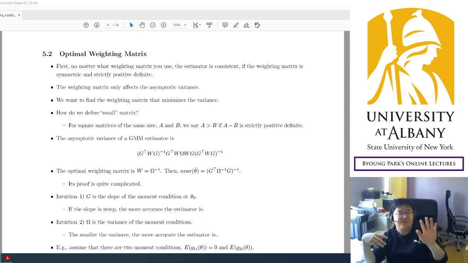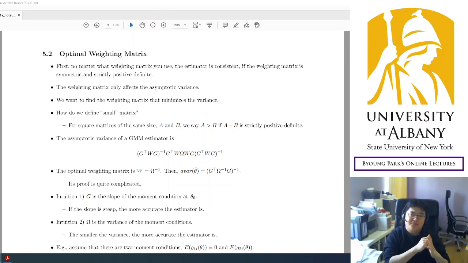The second difference is that among these 5 moment conditions, some may be more informative, or more helpful, or easier to handle, or will have less noise. Simply, some are more informative than the others.